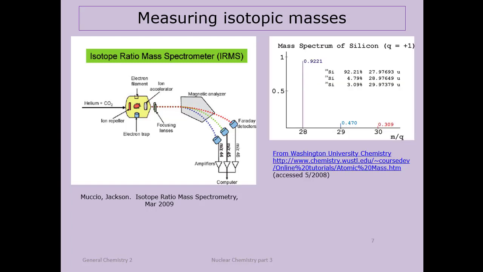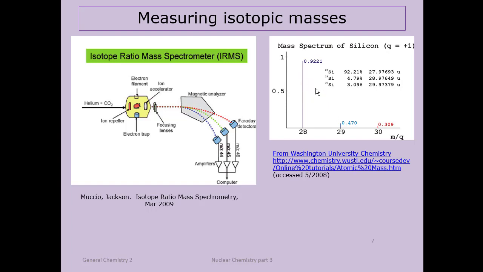Here's some real data on silicon analysis, where we're looking at the different isotopes of silicon, and you can see by the peak height that there's a higher percentage of silicon-28 than silicon-29, and therefore it has a higher peak height.